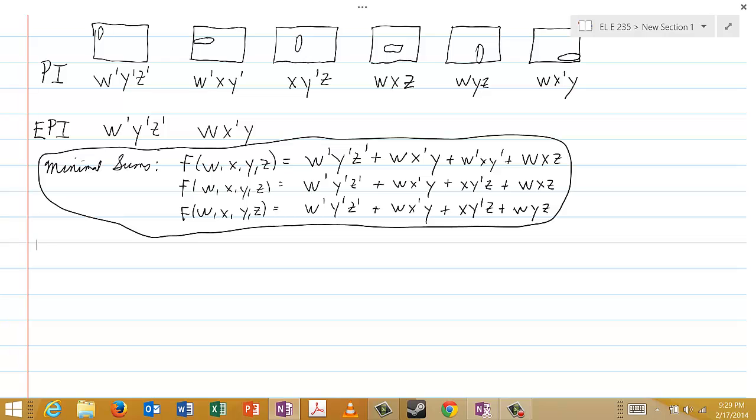So now let's start a new topic, which is the use of Karnaugh maps to find minimal products.